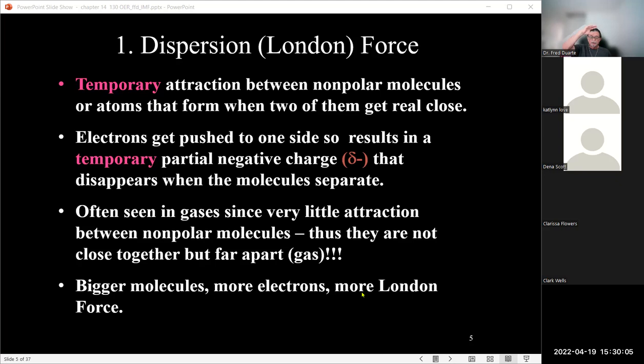Well, the longer chain is going to have a lot stronger London forces simply because there's more electrons, okay? More electrons, more areas for interaction compared to the smaller one, okay? So bigger molecules, more electrons, more London forces.